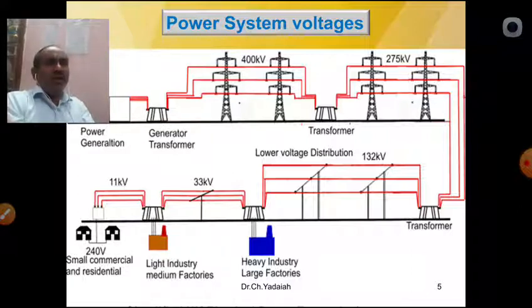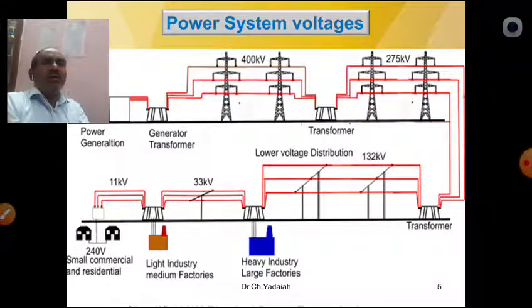Here you can observe heavy industry and large factories. For example, in the city of Hyderabad, BHEL will take the 132 kV line directly, and the railway department at Gatkesar will take the 132 kV line for traction purposes.